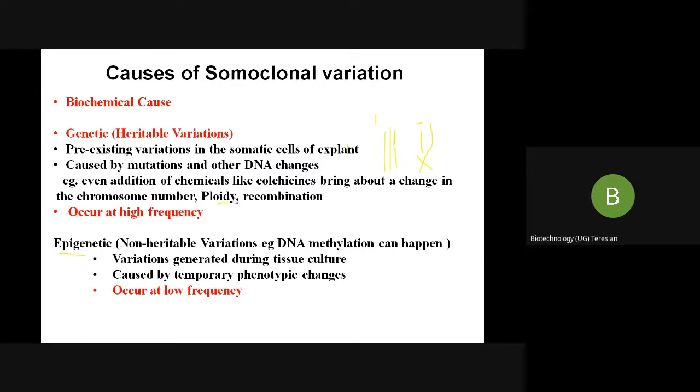But in tissue culture, we are not going to add colchicine, because we already know it is going to cause mutational changes. It will interfere with the microtubules of your chromosomes when they have to separate during meiosis or mitosis. Knowing the drawbacks of colchicine, I don't use it in my plant tissue culture lab. But remember that this also can bring about changes.